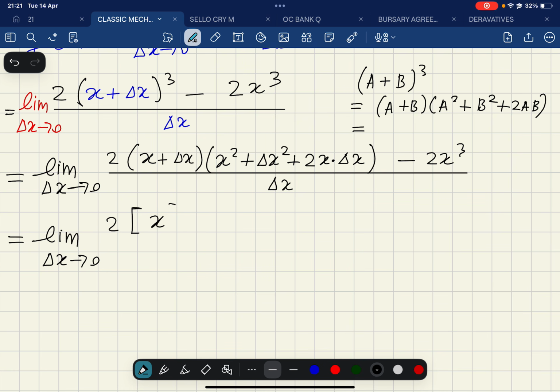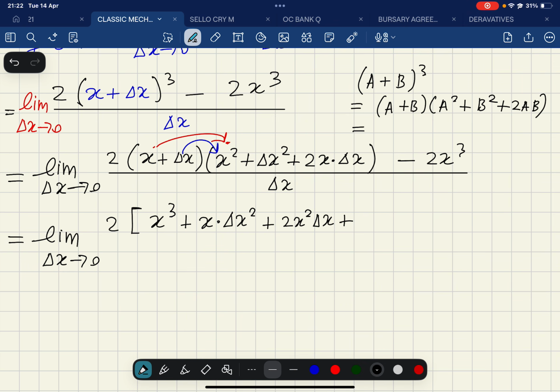I'm going to remain with x cubed plus, when I multiply this one and this one, I will have x multiplied by change in x squared plus, when I multiply with the third one, I will have 2x squared, the change in x, plus, now I distribute the change in x, I multiply with this one.